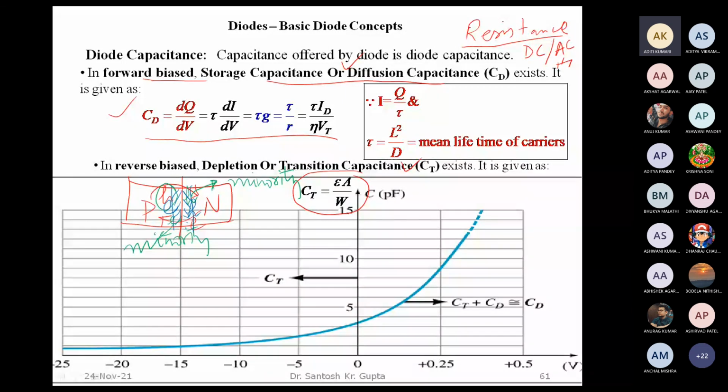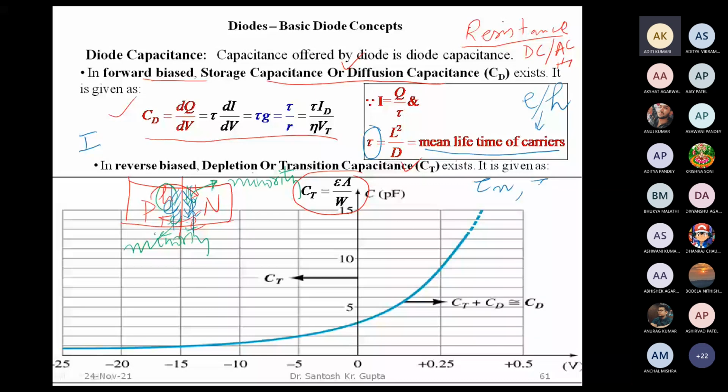So a current starts to build up due to this diffusion. If we define the current by I, then tau is the mean lifetime of carriers. Carriers here are written in a general sense; they are nothing but electrons or holes. The mean lifetimes of electrons and holes are not equal, and in general we can represent them by tau n and tau p.